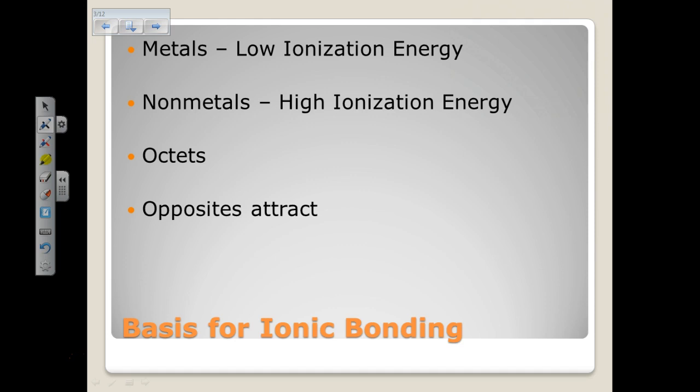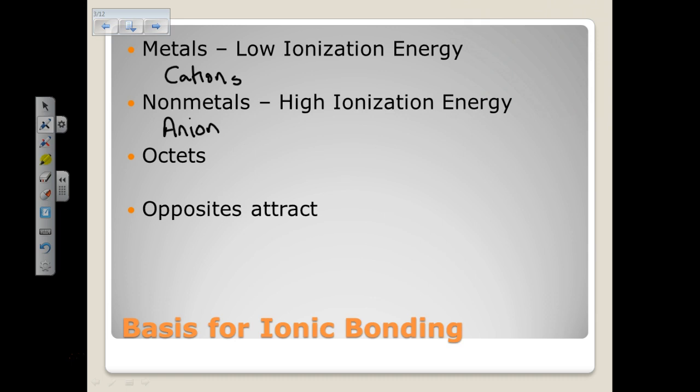That's why metals are typically the cations, because they are giving up the electrons. Nonmetals are typically the anions because they have a high ionization energy, which means they are less likely to give up electrons.